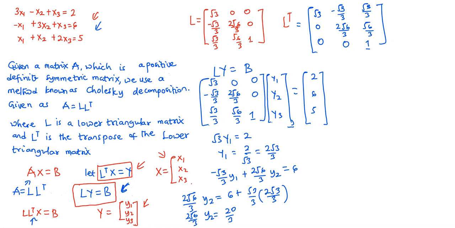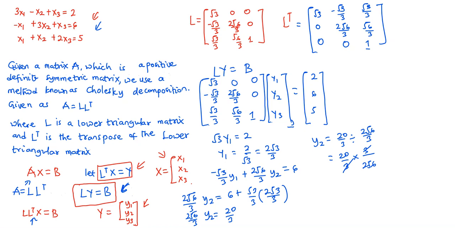So now let's find y2. y2 is equal to 20 on 3 divided by 2 root 6 on 3. This equals 20 on 3 times 3 over 2 root 6, so the 3s cancel out, and you're going to have 20 on 2 root 6.